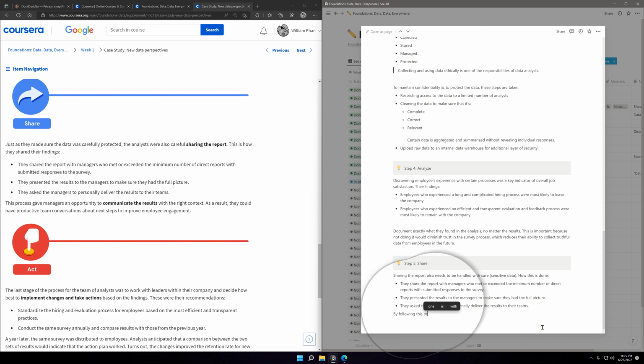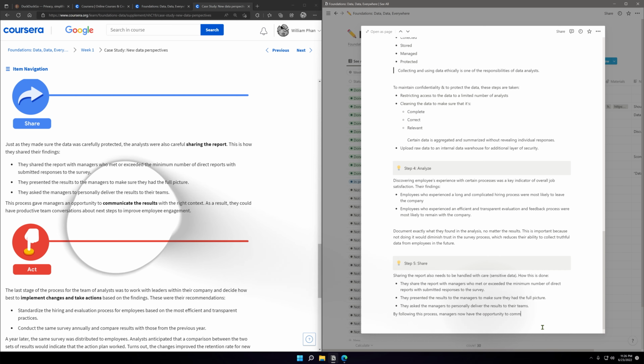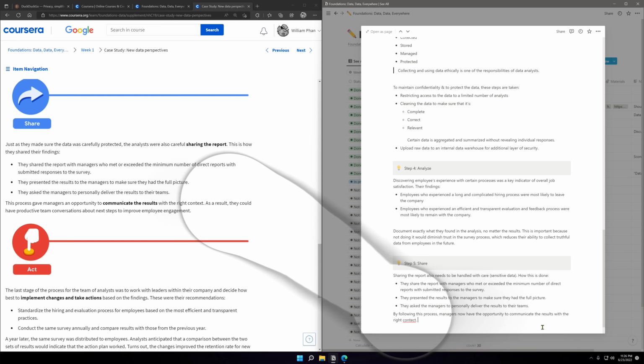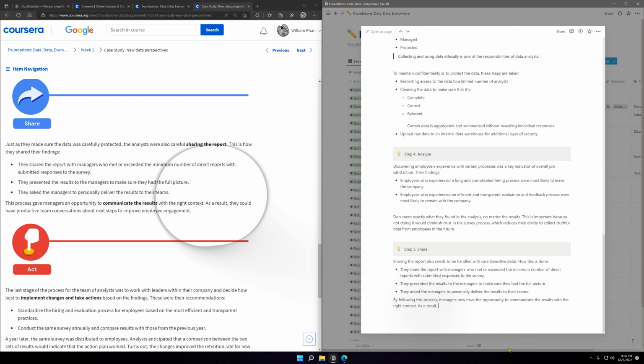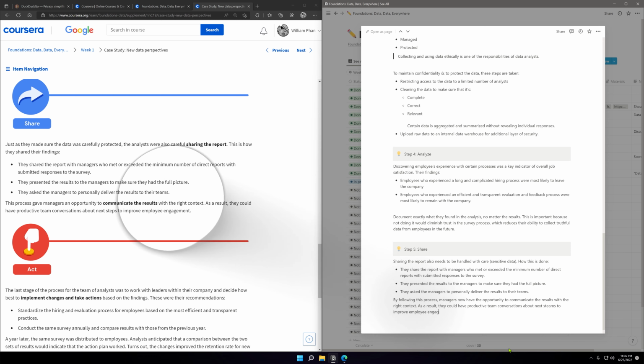In this process, managers are to communicate the results in the right context, leading to productive team conversations about next steps to improve employee engagement.